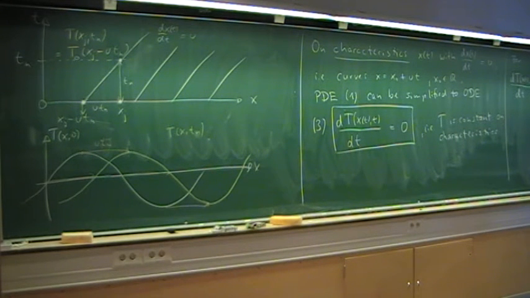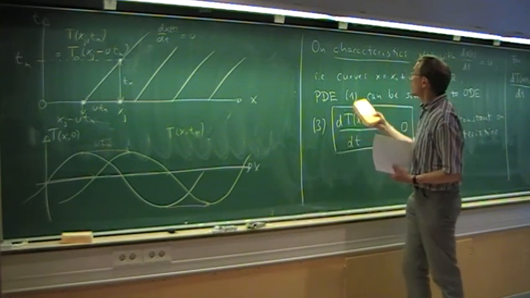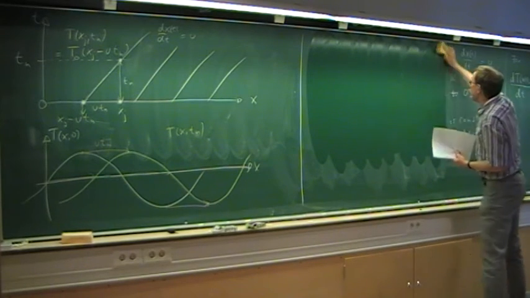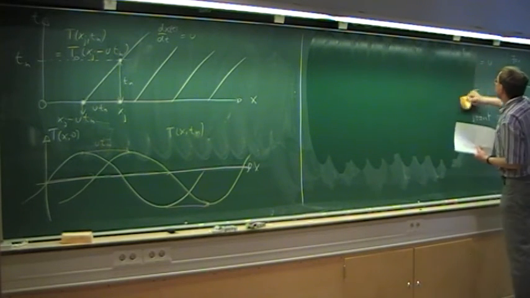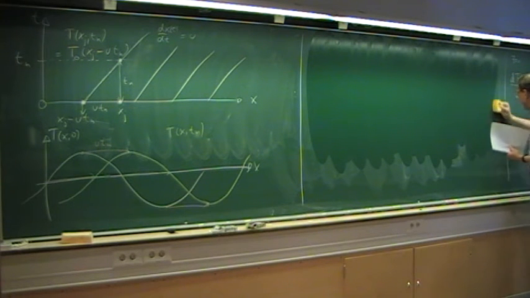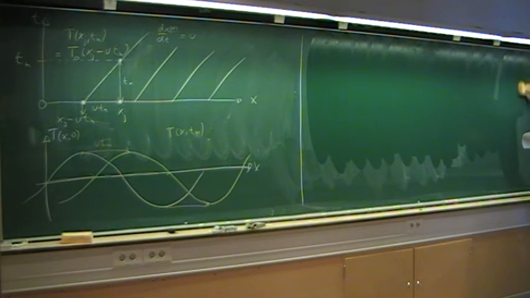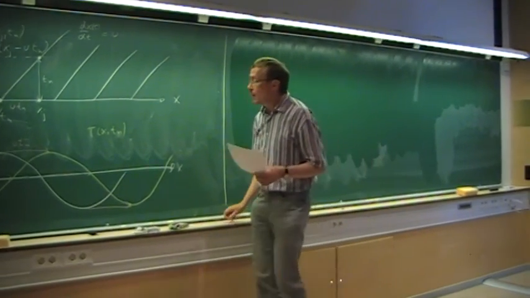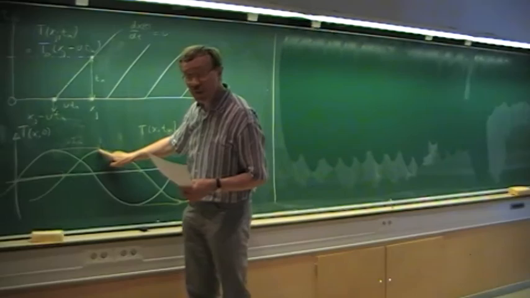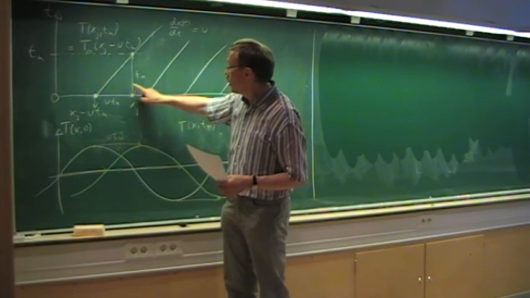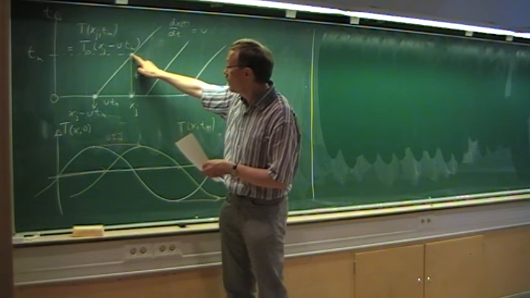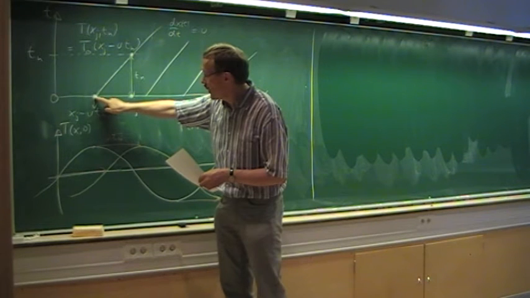What can we learn about boundary conditions? We have not discussed boundary conditions yet. Here we also see that when we want to know the solution at this point here, then we go in the xt diagram, x space, t time, and we go back, and then we find this point.